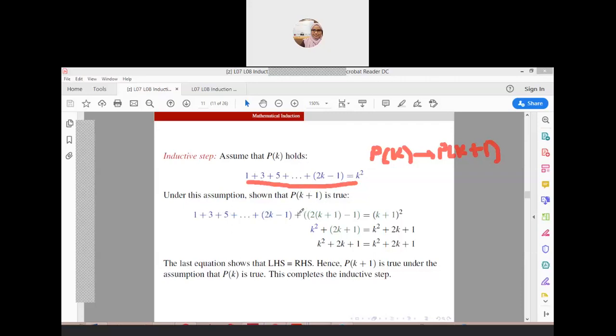So just plus it with, okay, every time you see k, just replace it with k plus 1. Okay, now this expression will become 2 times k plus 1 minus 1. Okay, we don't change anything, just the original k becomes k plus 1.